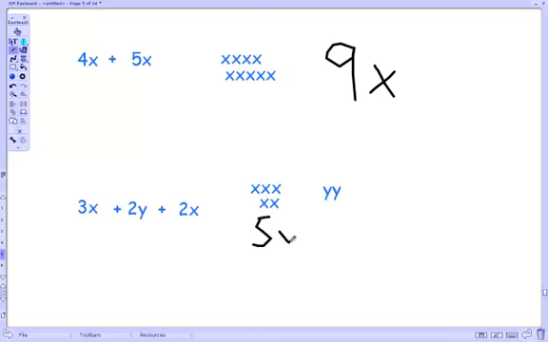So this would turn into 5x plus 2y. You're not going to get nice easy answers like 24 or 18 as an answer. You're going to get weird stuff like 5x plus 2y. And you can't push it together any more than that because they're not alike. So you just have to leave it like that. Any questions? So far so good? Are they like divisible?